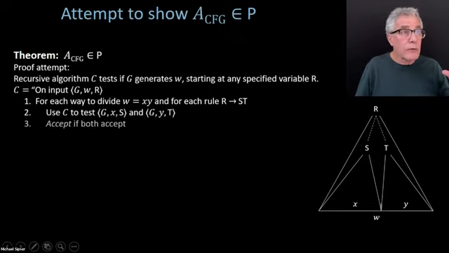And this algorithm will work. So if I found a way to cut W into XY, and I found a rule R goes to ST such that S generates X and T generates Y, then I'm good.